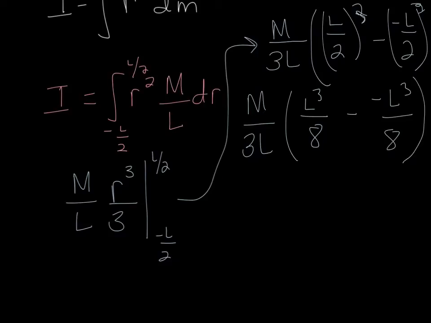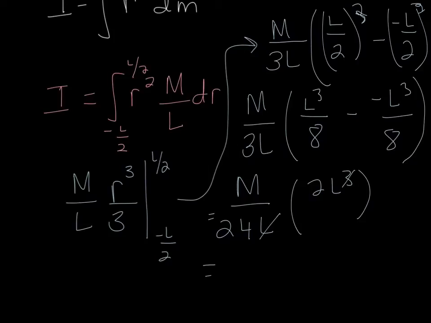Okay, so we can simplify this. What I would do next is probably factor out that 8 and do m over 24L, and then L cubed minus negative L cubed would give me 2L cubed, right? And then next after that, we'll simplify this.